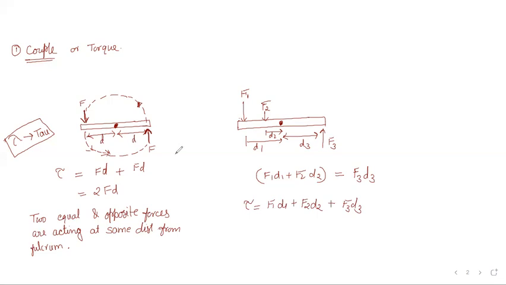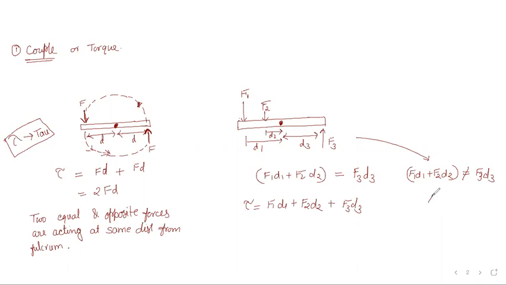Let's see a special case. Suppose for the same situation, F1 d1 plus F2 d2 is somehow not equal to F3 d3.